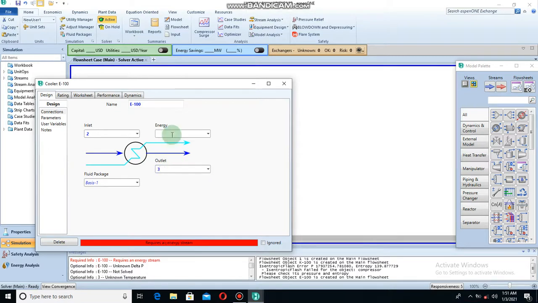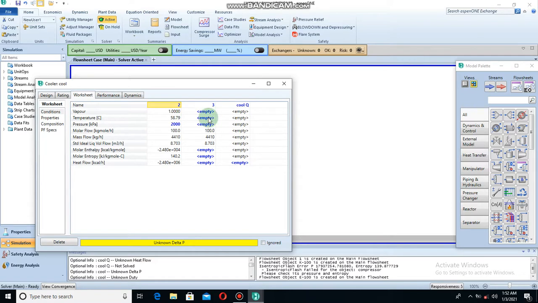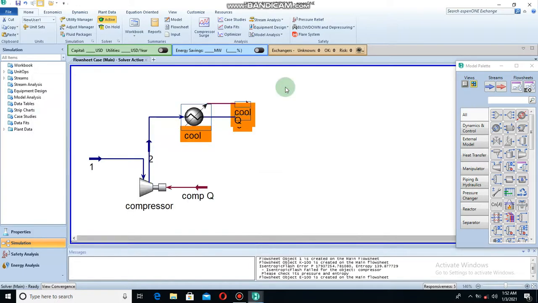Our energy stream is called Q. Let's go there to make it 25 degrees. And the question said there was a change in phase from vapor phase to liquid, so we have to change the vapor fraction.